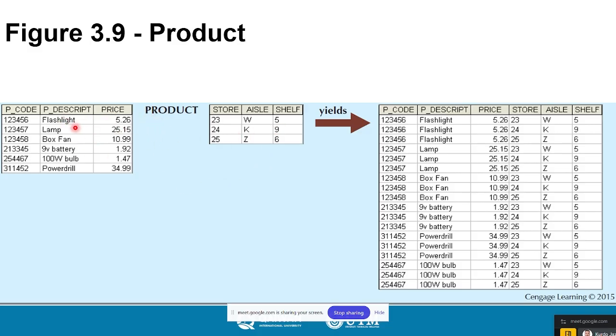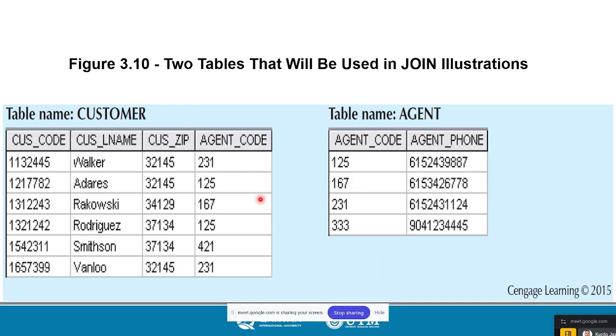For each one of these, they will all have the same criteria of this table. Now this table will be used in our illustration for join.